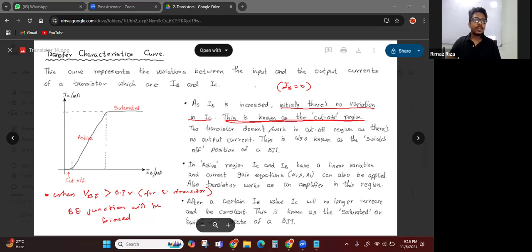Therefore the transistor doesn't work in the cutoff region as there is no current. This is also known as the switch off position.